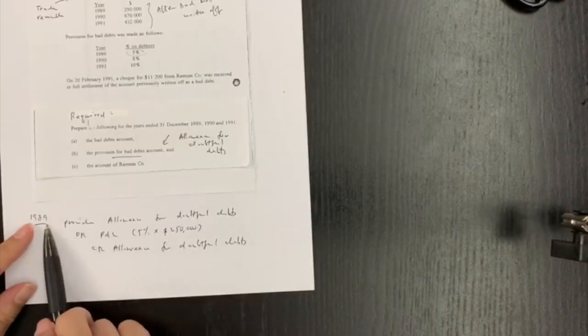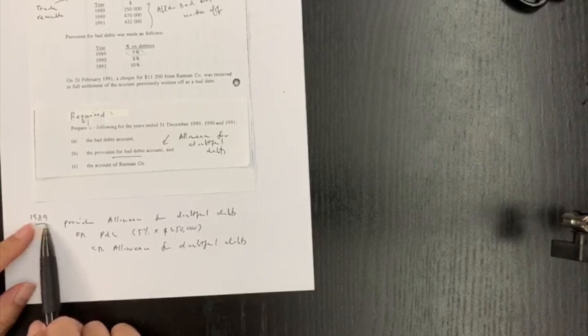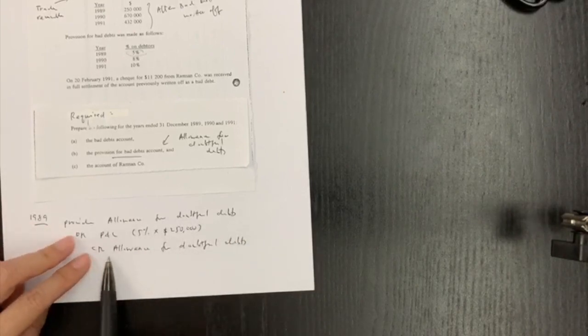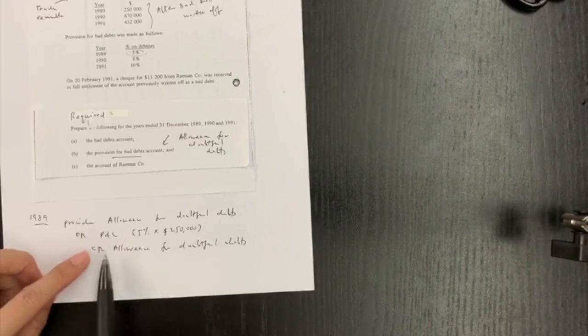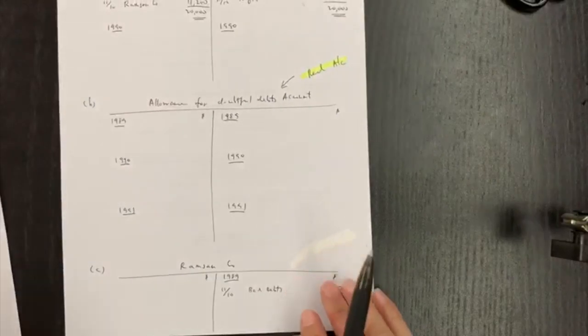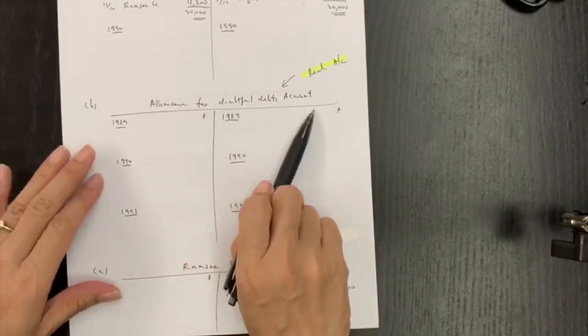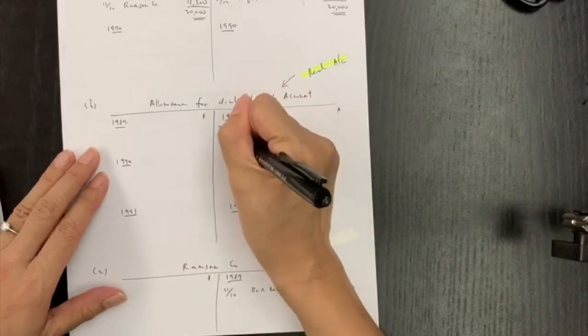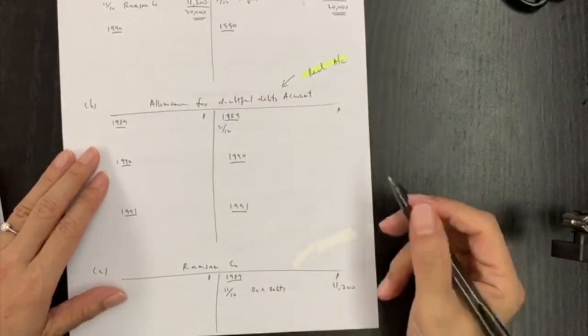Okay, so therefore in year 1, which is same as in 1989, I need to provide allowance for doubtful debts, and this is a usual double entry. So debit profit and loss and credit allowance for doubtful debts. So that here, this is my allowance for doubtful debts account. So 1989 actually is year 1. So we provide that at the end, which is 31st December.